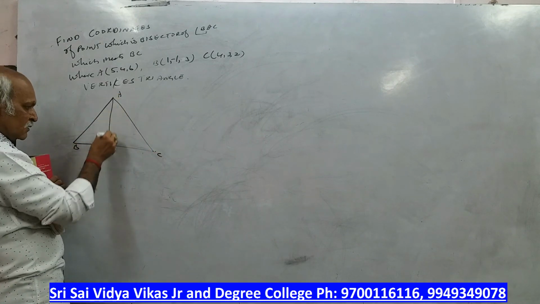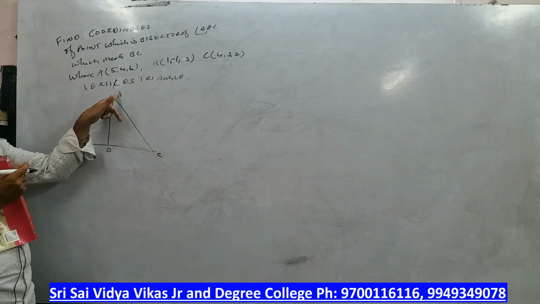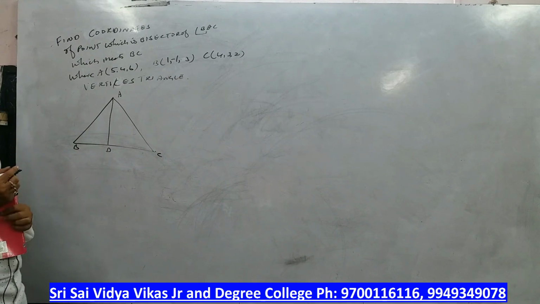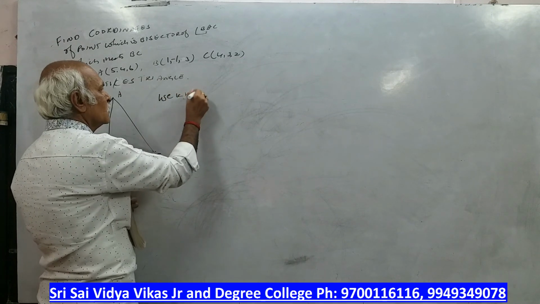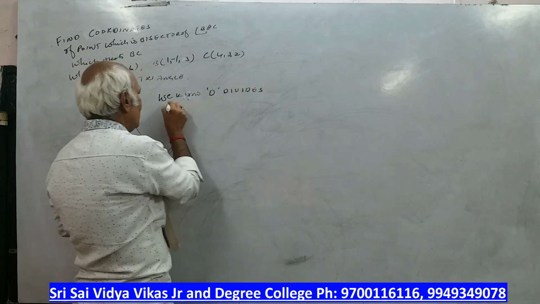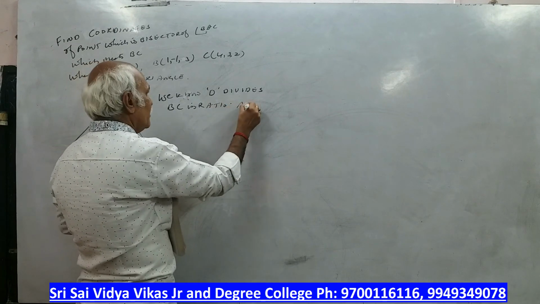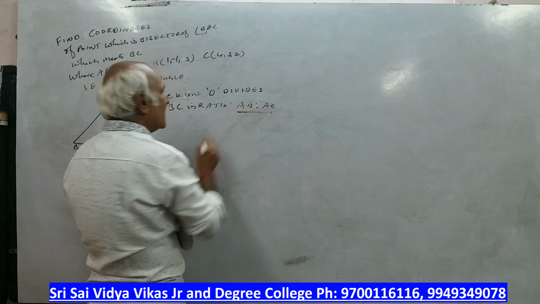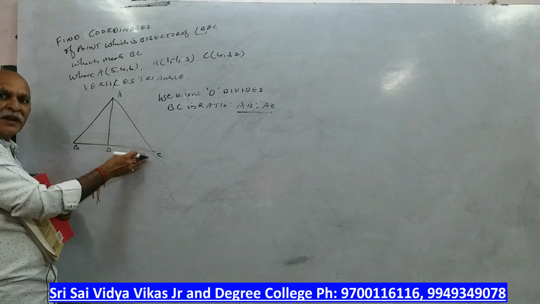This line, the bisector, the line which divides this angle, will meet the base at D. You have to find the coordinates of D. We know D divides BC in the ratio AB is to AC. This is very, very important. It is called the bisector theorem. Any angular bisector will divide the base in this ratio.